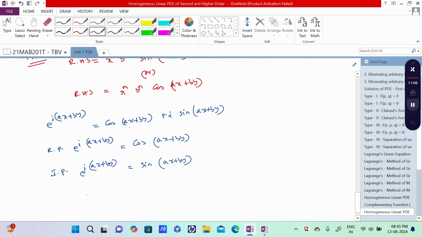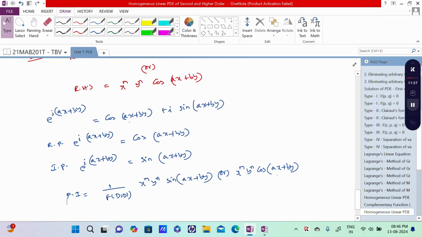Therefore, now the problem is how to calculate the particular integral when it is given 1 by the function of D comma D dash, x power m y power n sin ax plus by or x power m y power n cos ax plus by.